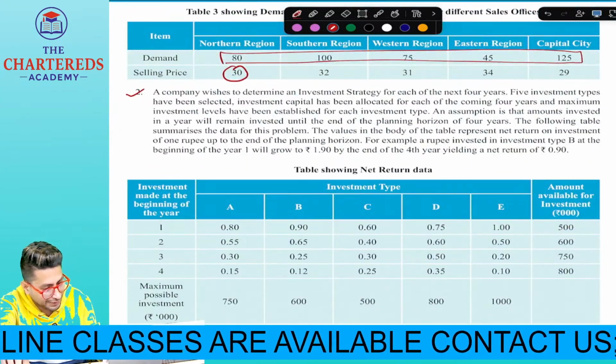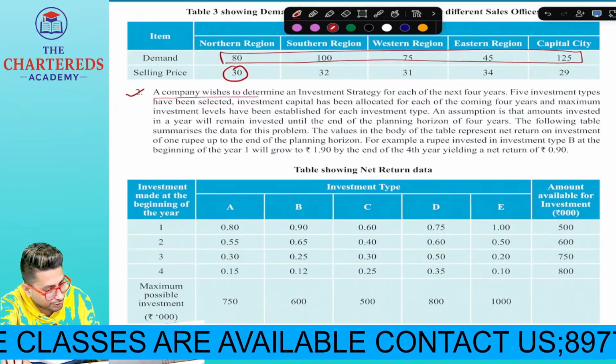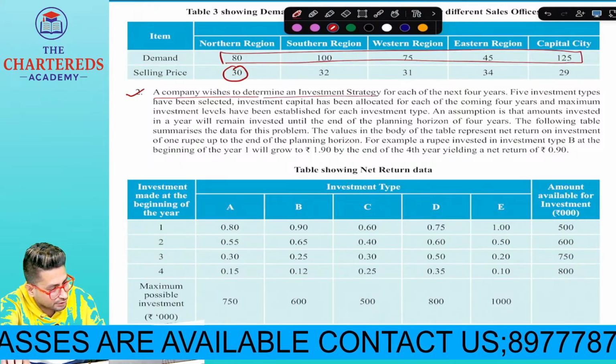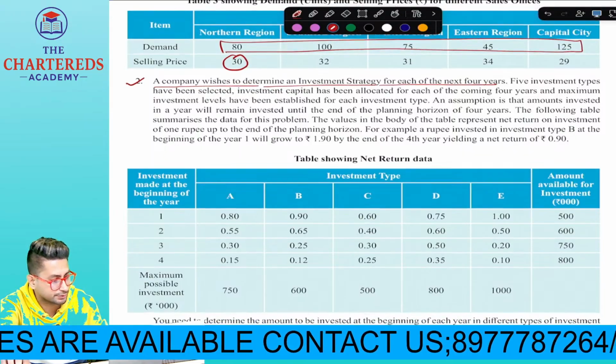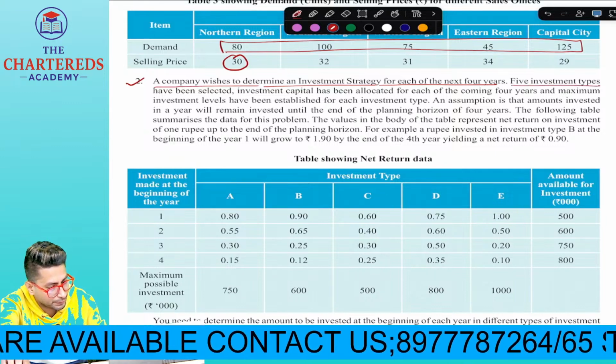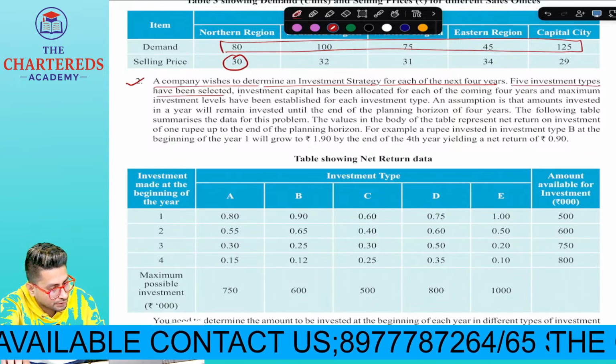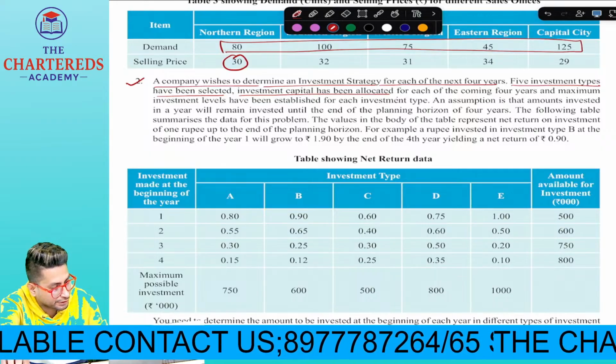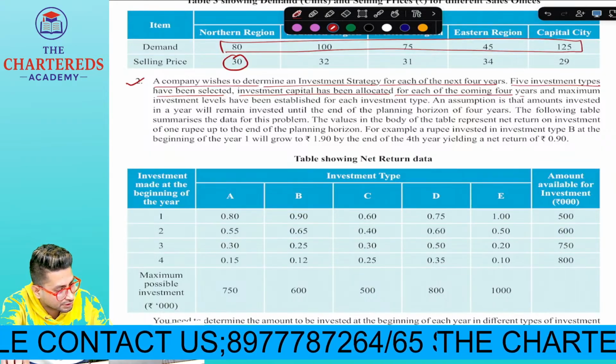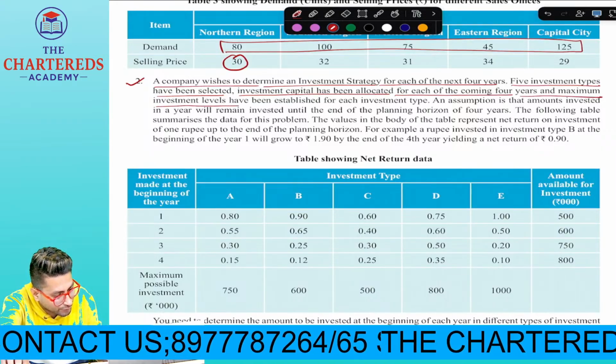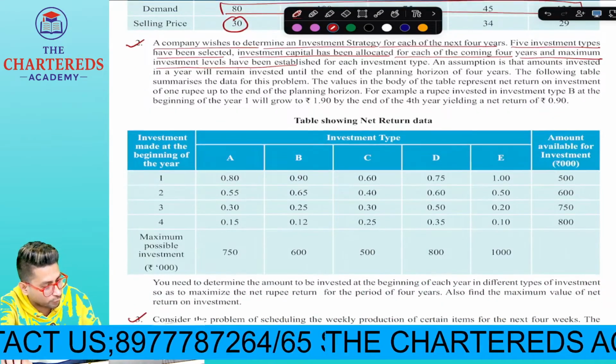I will share. Next, a company wishes to determine the investment strategy for each of the next 4 years. 5 investment types have been selected. Investment capital has been allocated for each of the coming 4 years, and maximum investment levels have been identified. What is this?